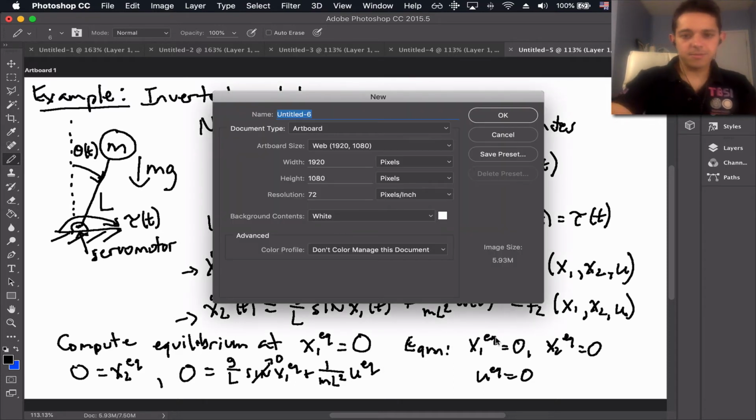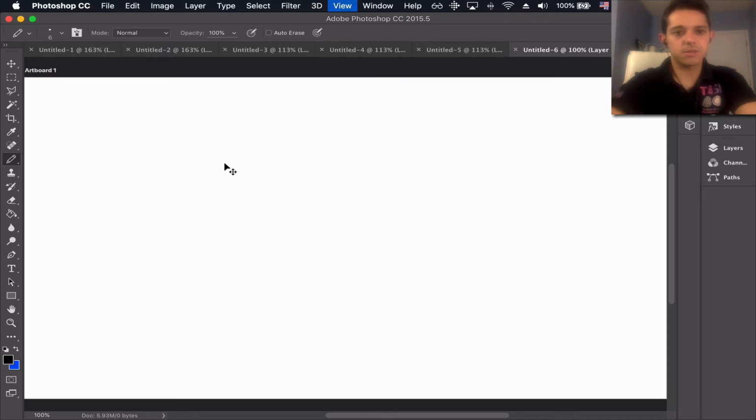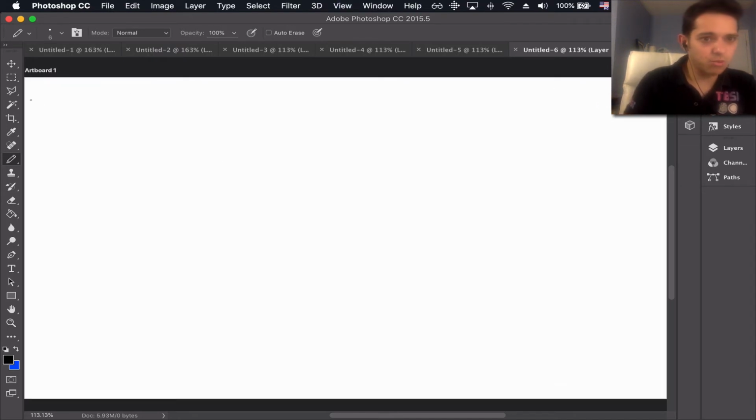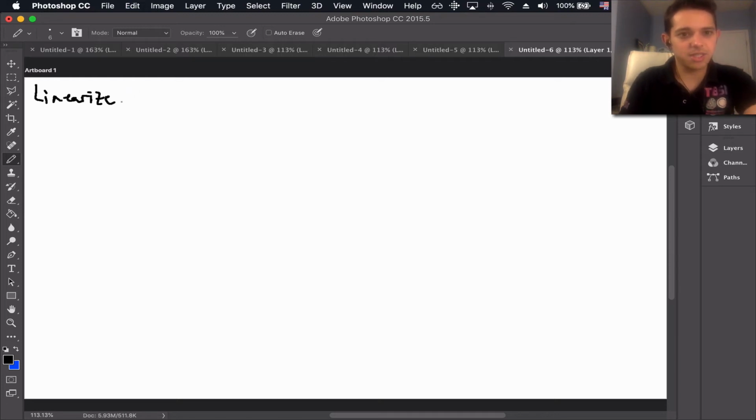Very good. So next, what we're going to do is to linearize the dynamics. Let me call this the state space model. State space model, dynamics, they're one and the same.